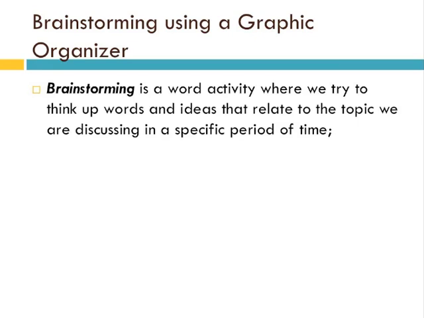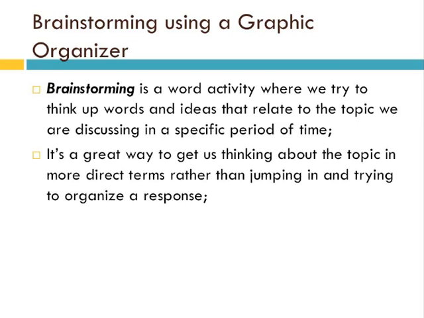For example, we can't just brainstorm for days and days. At some point, we do have to stop. So in this activity, we're just going to brainstorm for a few minutes. But this is a great way to get us thinking about the topic in more direct terms. Students often have trouble getting specific because they don't think in direct terms. So in this case, we're going to think in that way rather than just trying to give a response.